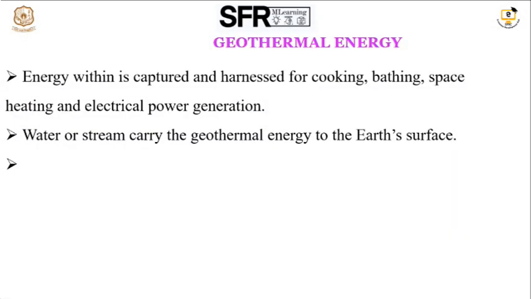Geothermal energy is a form of energy conversion in which heat energy from within the earth is captured and harnessed for cooking, bathing, space heating and electric power generation. Geothermal energy is heat derived within the subsurface of the earth. Heat from the earth's interior generates surface phenomena such as lava flows, hot springs and mud baths.